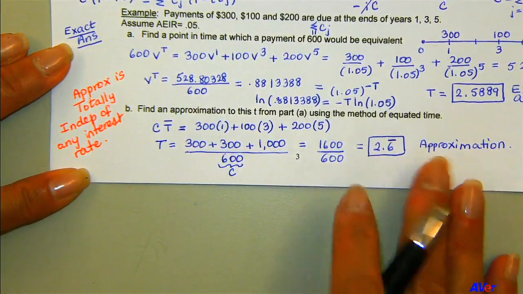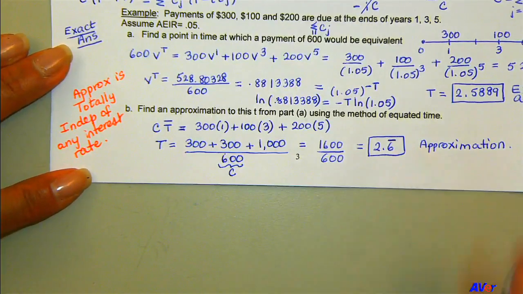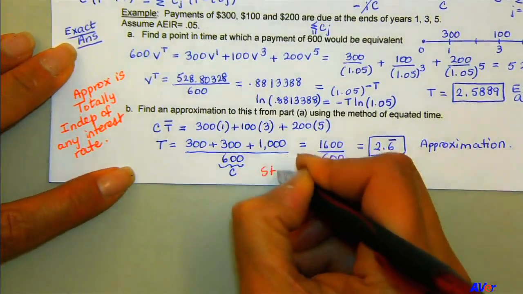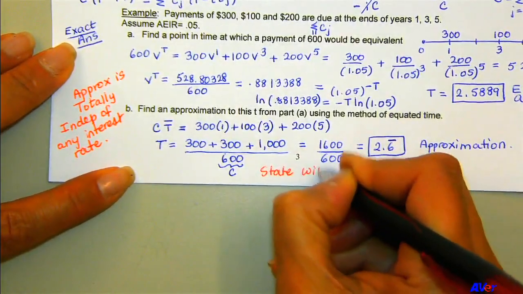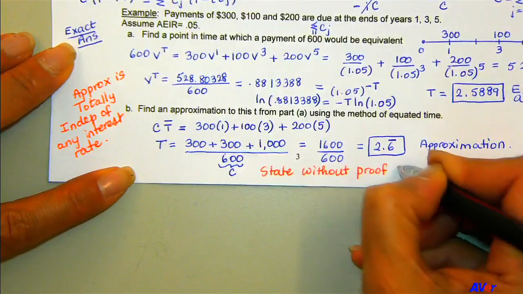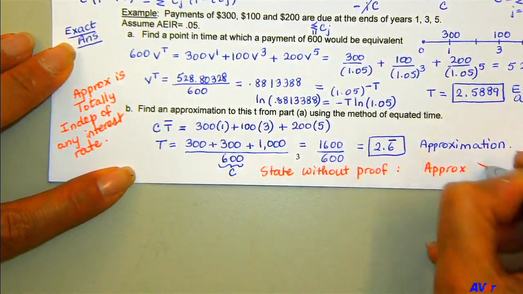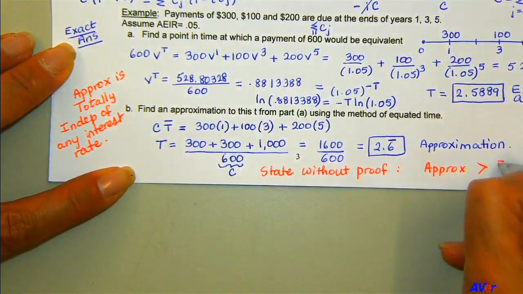In fact, there's some theorem we are not going to prove, but we can state without proof that the approximation is always greater than the exact answer.